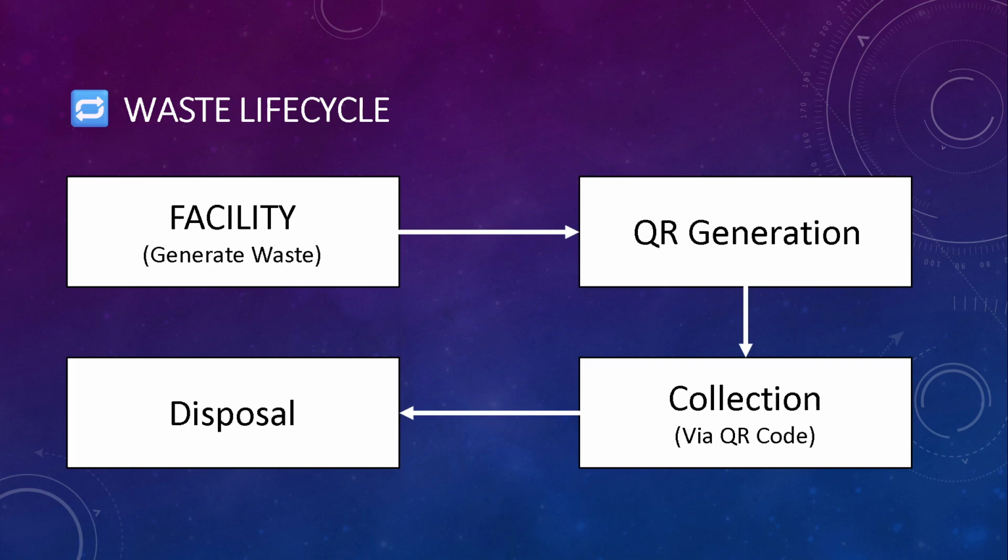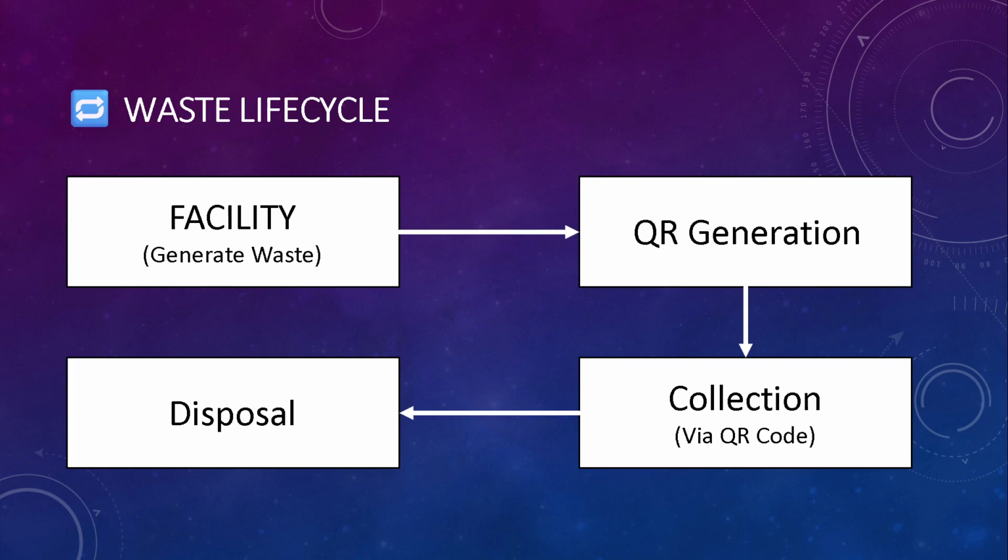The waste life cycle looks like this. First, the facility will generate waste, so they have to generate a waste ID. Then a unique QR code will be assigned to it. Then the collection partner will scan the QR code and the automation starts, and the status of the waste will be marked as collected.